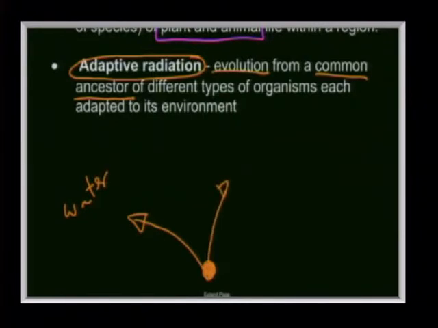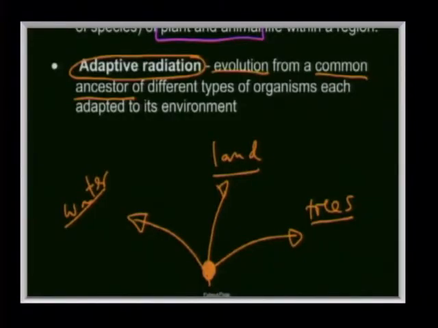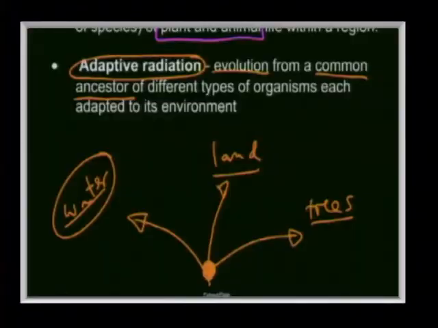The next organism is on land, and the other one, as an example, would now live in trees. So they have a common ancestor, but now what has happened is the environment in which these organisms are now living will change. And because the environment changes, what will happen is natural selection will take place, and we will then have the development of different species as they start adapting to their new environments. So that is basically your adaptive radiation.